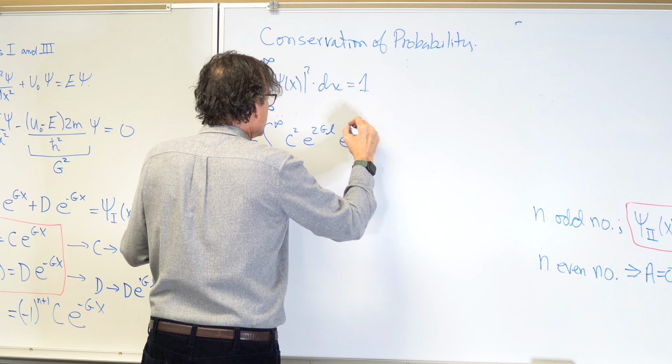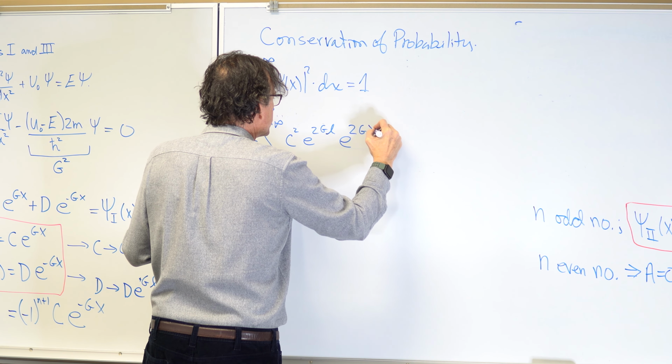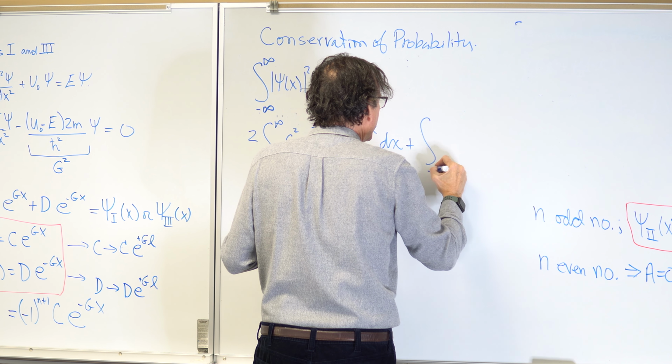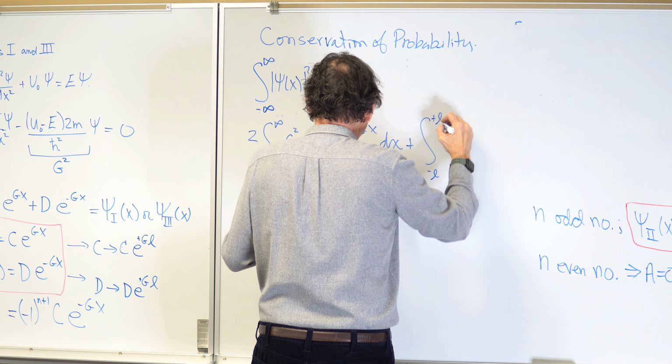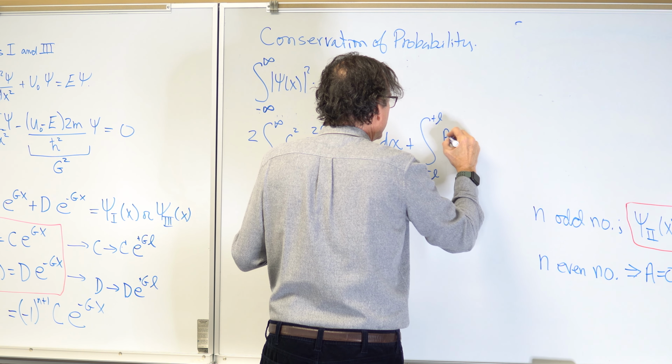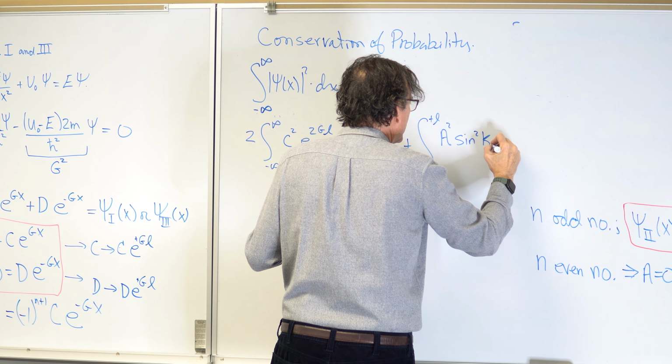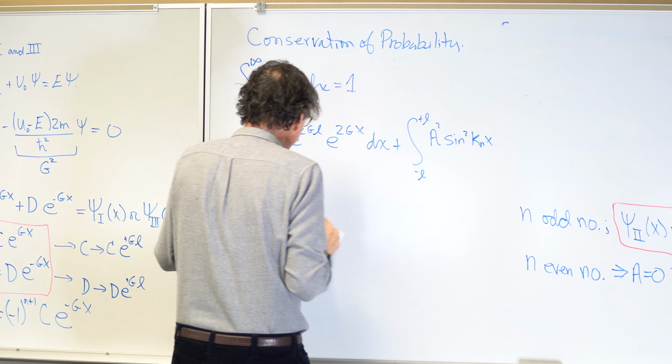times e to the 2Gx dx plus the integral from minus L to plus L of A squared times sine squared of Knx. Now remember, we're assuming we've already solved for the energies.